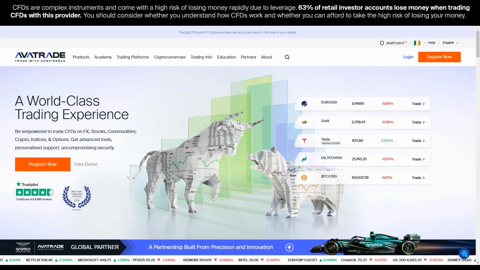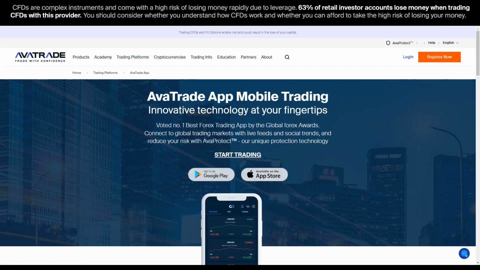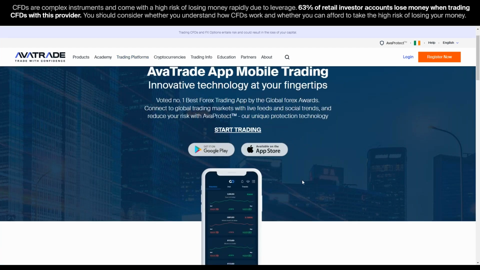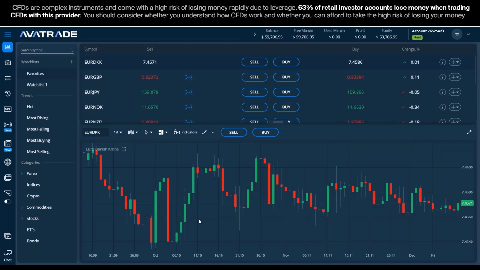So all of those tools are available when you trade from our WebTrader as well as from our app. You can find our app in the major app stores, regardless of the operating system of your mobile device or devices. And the same functionalities and tools will be available in the app as you see in the WebTrader. Now, if we log in here in the upper right corner from our website, we'll be in the WebTrader platform.